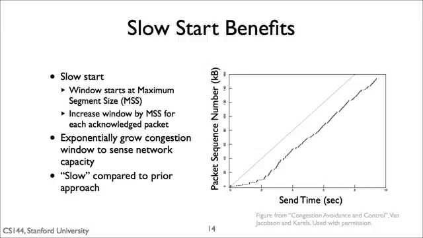This policy in slow start means that the congestion window grows exponentially. The sender starts with a window of size MSS. It sends a segment. When it receives an acknowledgement, it increases the congestion window to 2 MSS and sends 2 new segments. When it receives acknowledgements for these segments, it increases the congestion window to 4 MSS, 1 for each acknowledgement, and sends 4 new segments.